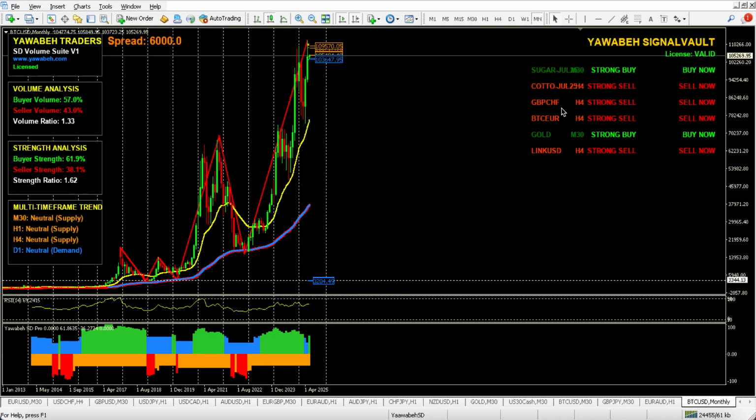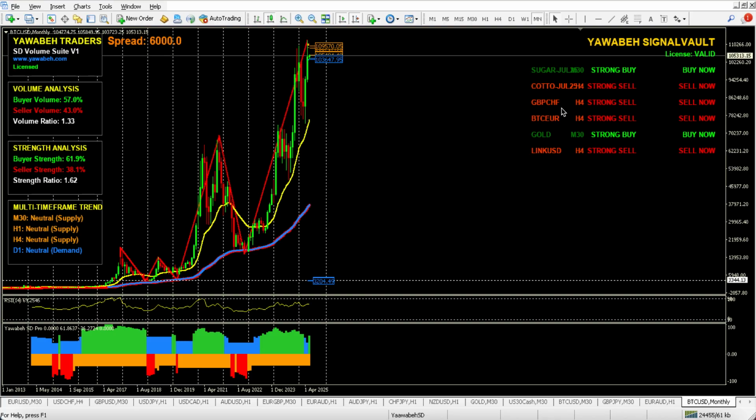In the same way, I'm again looking at GBPCHF here, which suggests a strong sell signal on H4, and the statement is sell now. This indicator has four statements: sell now, buy now, overbought or oversold exit, and hold your position. If it says hold your position, you need to hold and wait for the next instruction.